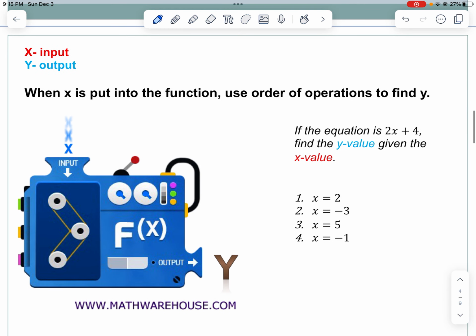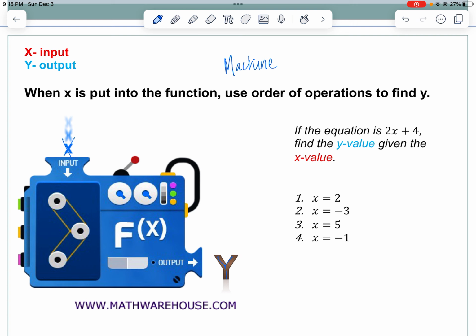All right, I can think about a function in terms of being able to do things and tell me things. I can think about a function as a machine where I input some values and then I get some output, right? So x's are my inputs and y values are my outputs.